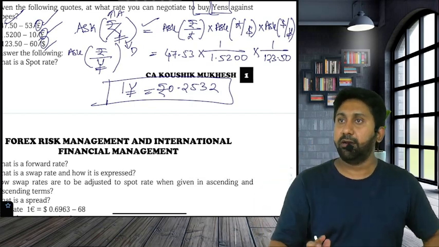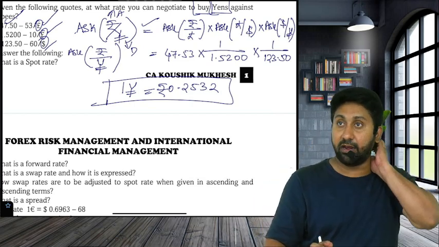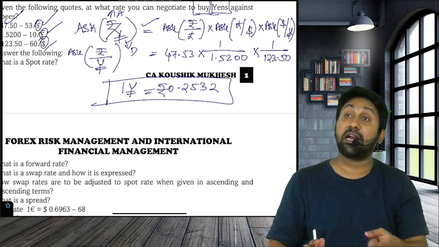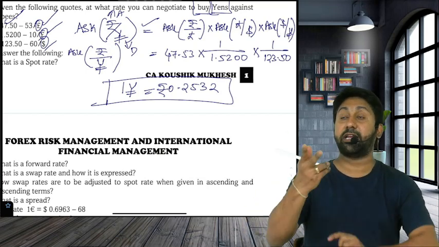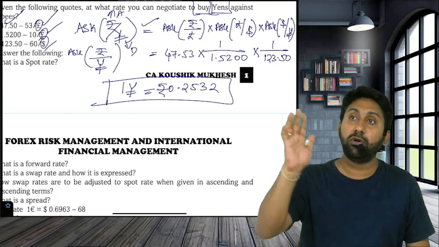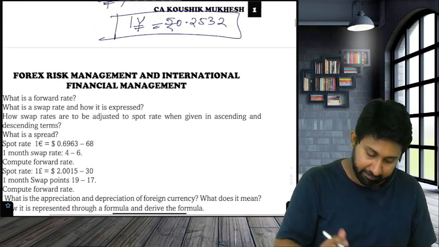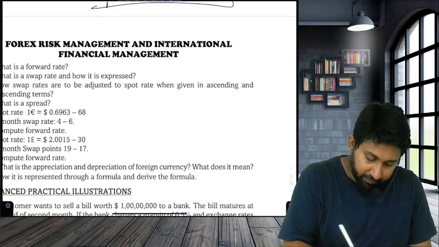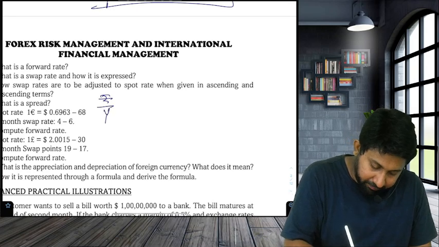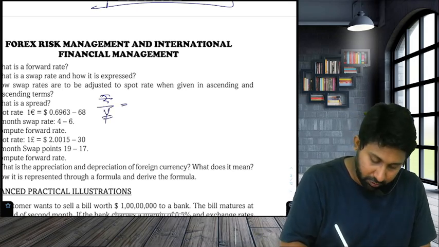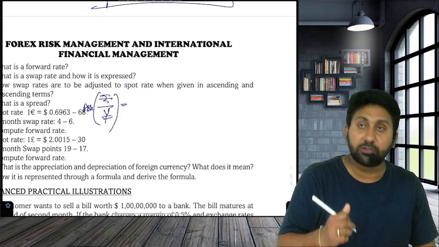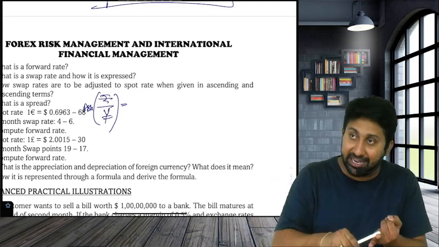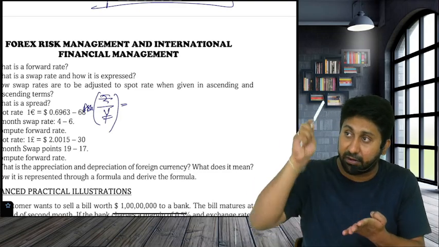As you said, when 4 currencies are given, B should be taken as that currency which is repeated multiple times in the denominator. If I don't take it like that, what will happen? See here, we want rupee by yen format. Because we want to buy yens, the bank has to sell yens at a higher rate, which will be the ask rate.